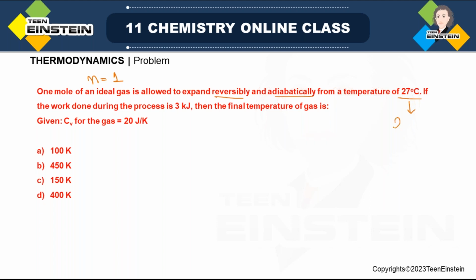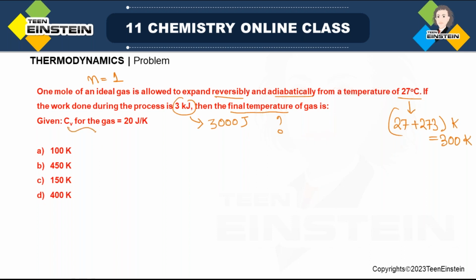Now if we convert it to Kelvin, it's 300 Kelvin. So we know the number of moles, we know the initial temperature 27 degrees centigrade. Work done during the process is given as 3 kilojoule. Now in terms of joule, it will be 3000 joule. This is another information. You have to find the final temperature that we do not know.